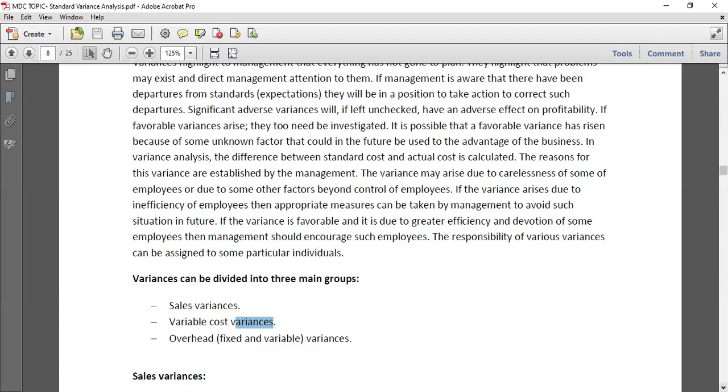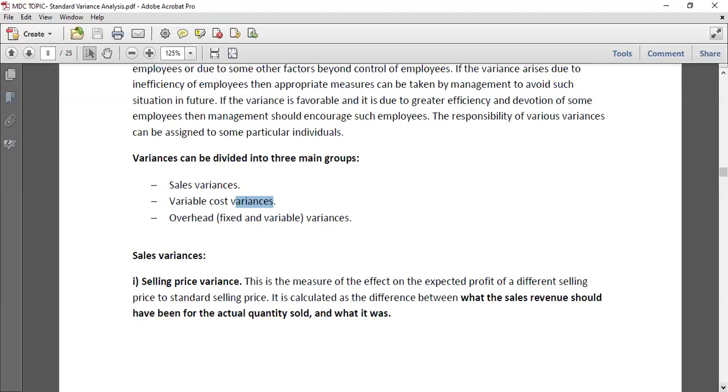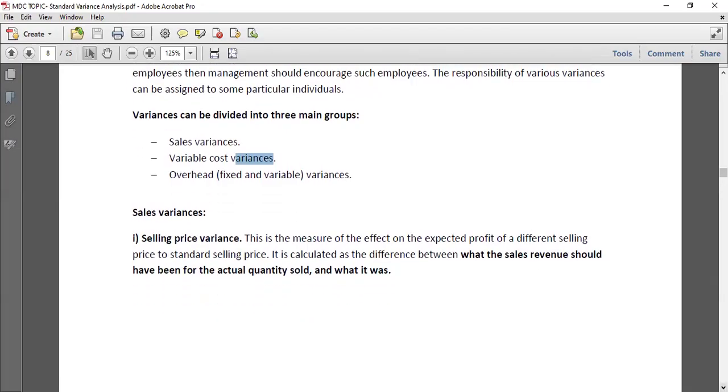Having that in mind, ours is to understand what the sales variance is and what the components of the sales variance are.